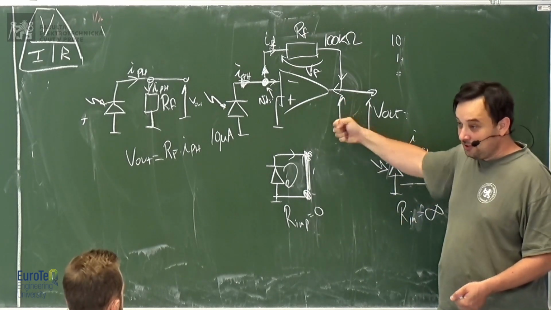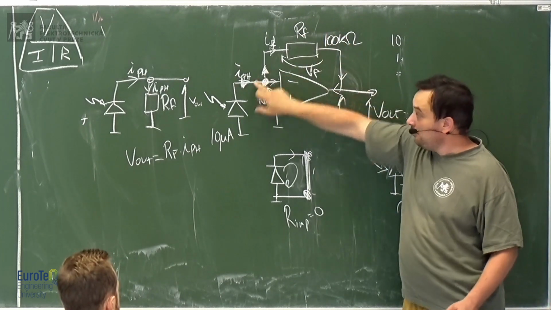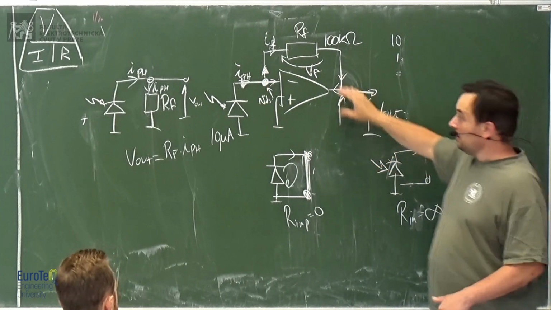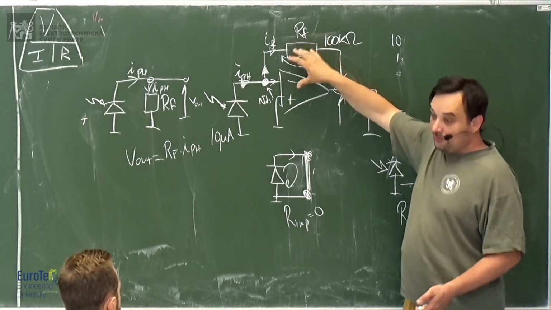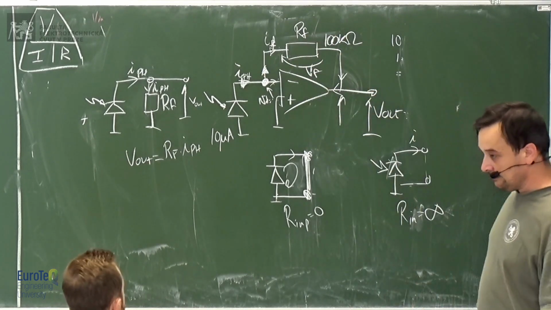The operational amplifier is in charge of creating the voltage in such a way that the current here will be equal to the current here, and therefore this current will generate an output voltage equal to the current times the resistance. Understood?